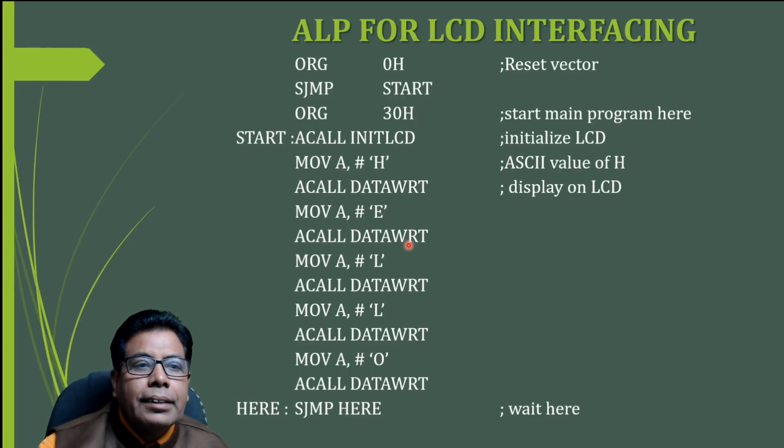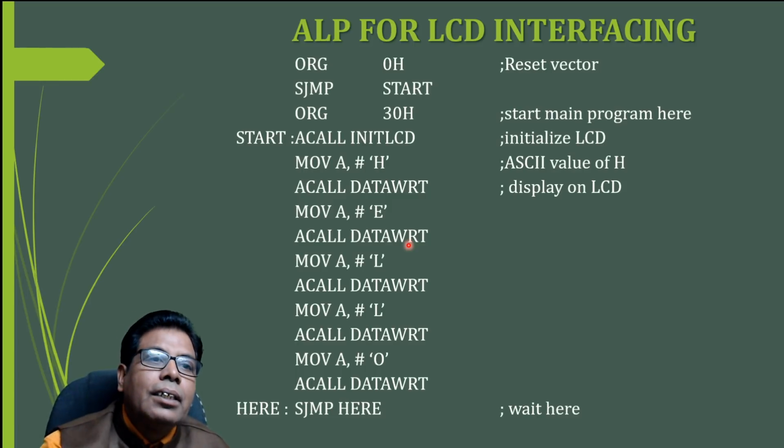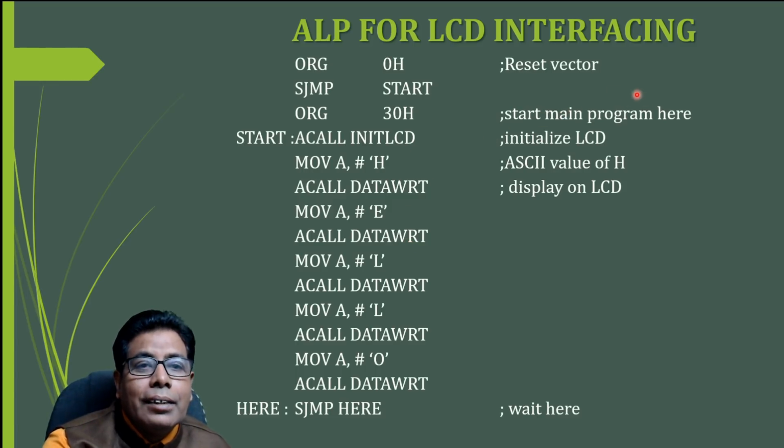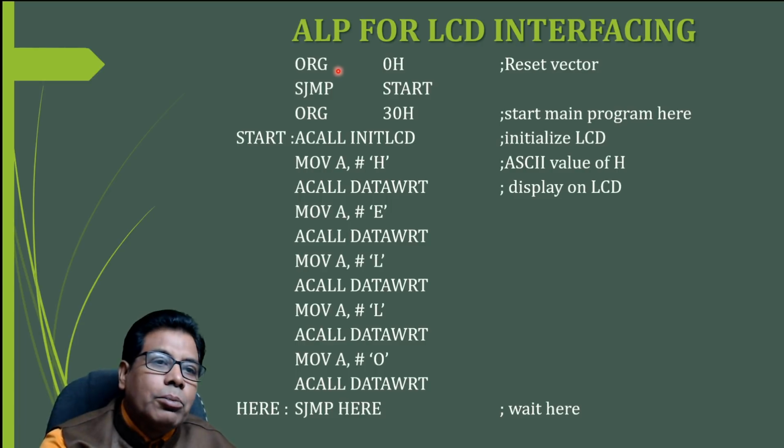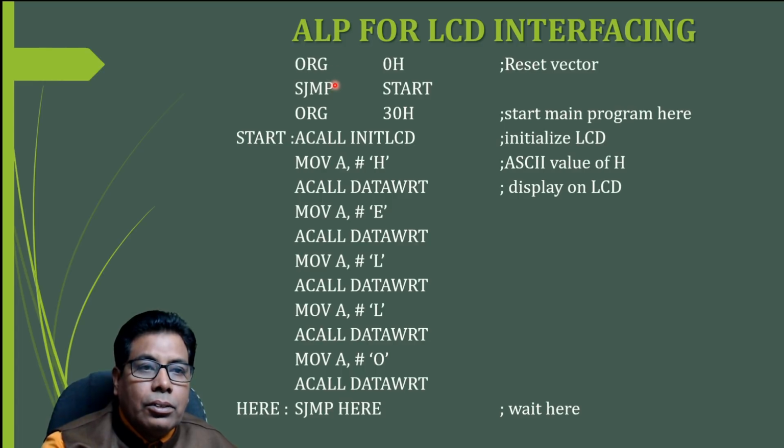So let us see how we can write a program in assembly language. This is the assembly language program for LCD interfacing. Already we have seen some of the assembler directives. ORG is for the start of the program.